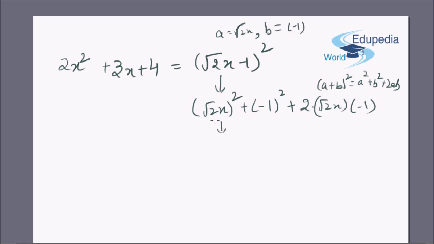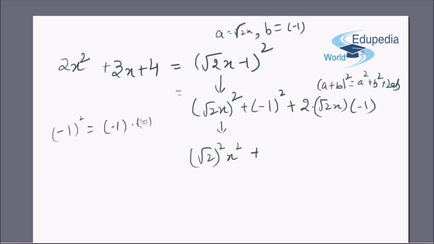This further reduces to (under root 2) whole square into x square plus, friends, if we have (minus 1) whole square, this means minus 1 into minus 1.